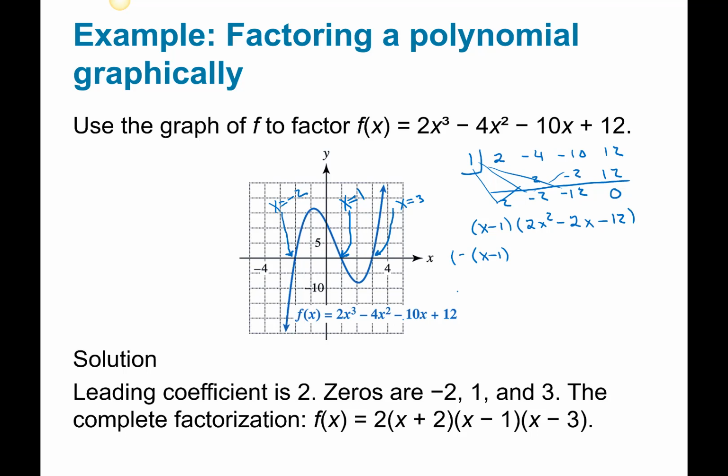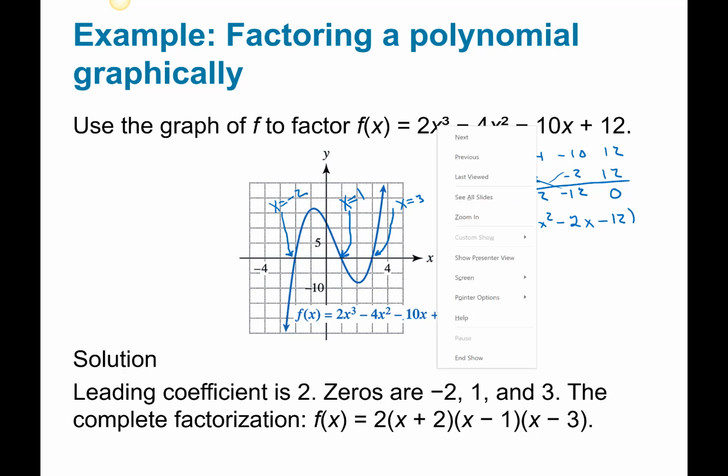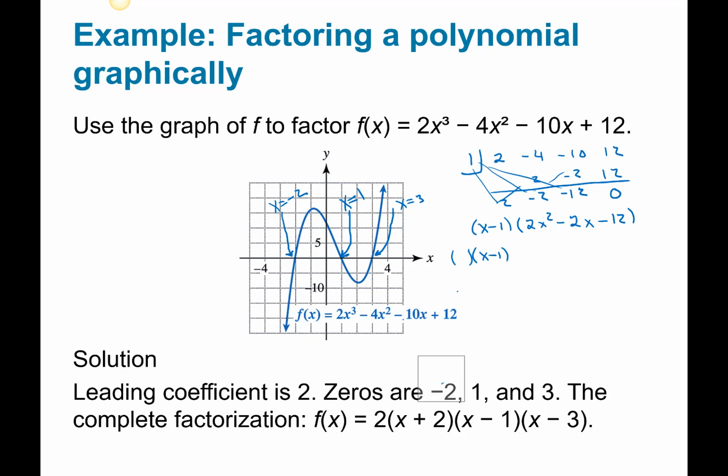Now, I'm going to go ahead and move the 2 up front. And what that's going to leave us with over here is an x squared minus x minus 6.